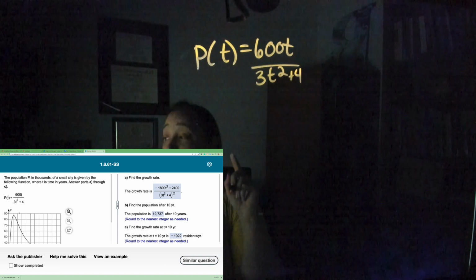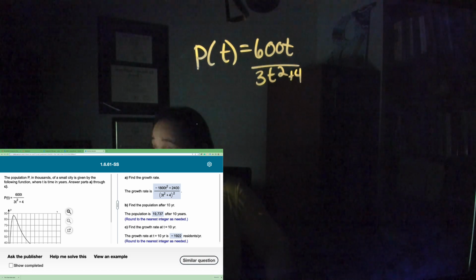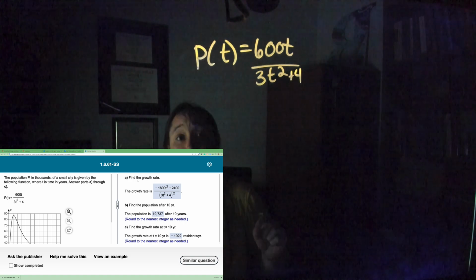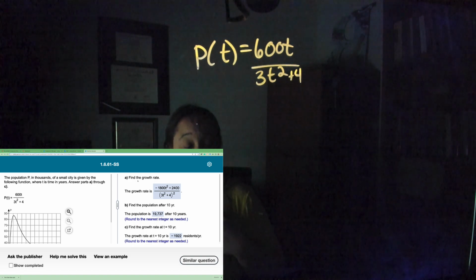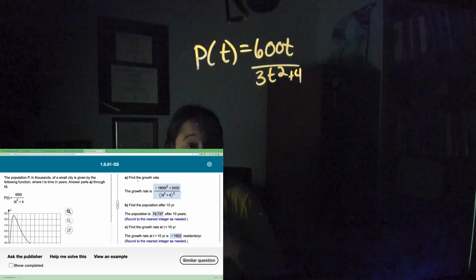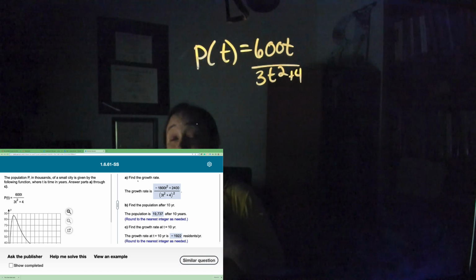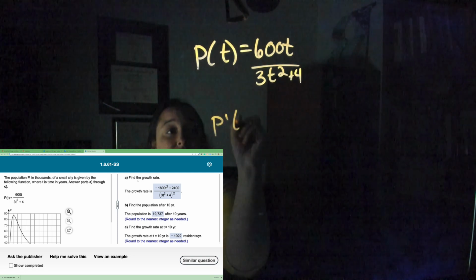So the first thing we want to do, part A is asking us to find the growth rate. Another way we can word that is that we are looking for our rate of change, right? So in other words, part A is asking me to find the derivative. So I need to find my derivative.